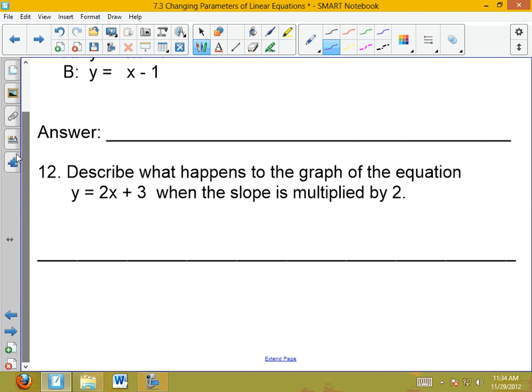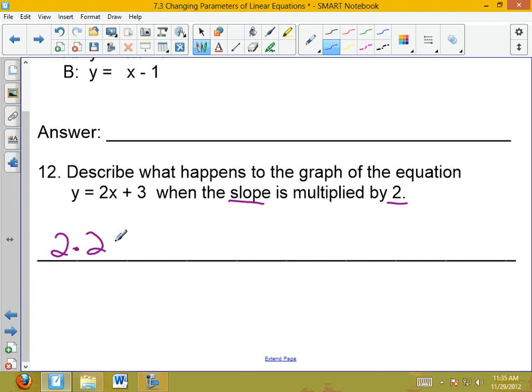Number 11. Okay, when my slope is multiplied by 2. Again, the only thing a negative tells me in slope is whether it goes up or down. So the negative doesn't really matter. So I want to know what happens.